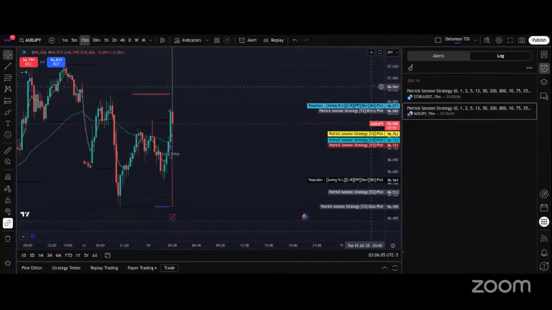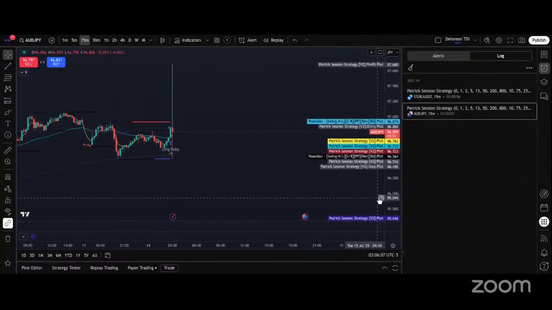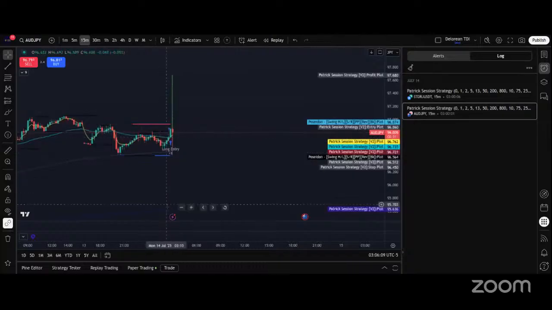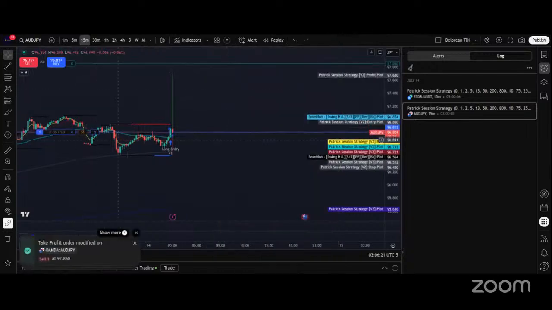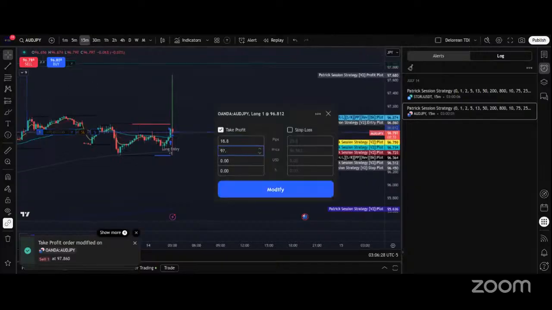Moving on, we have the Australian dollar versus the Japanese yen. Aqua gray blue. This is an uptrend with buyers in control of the market and price above support. This will be a long position to 97.68. 97.68.